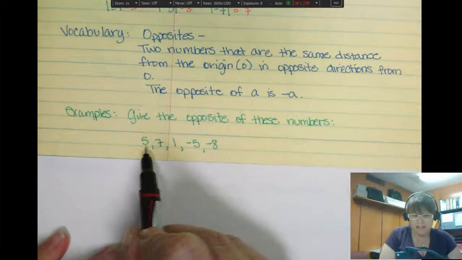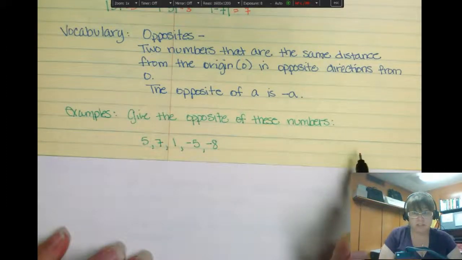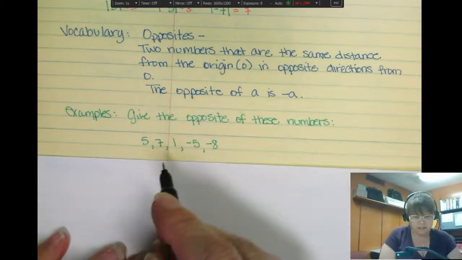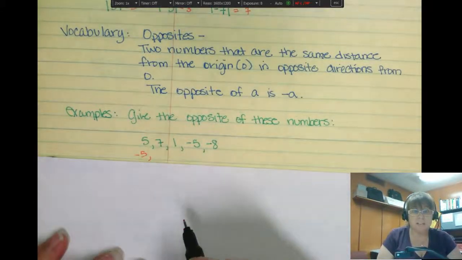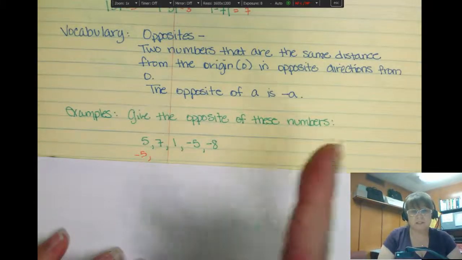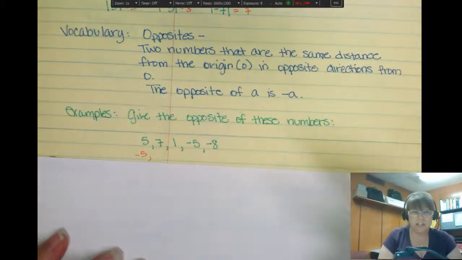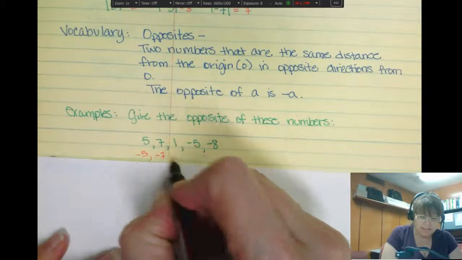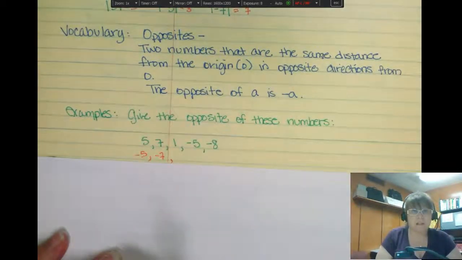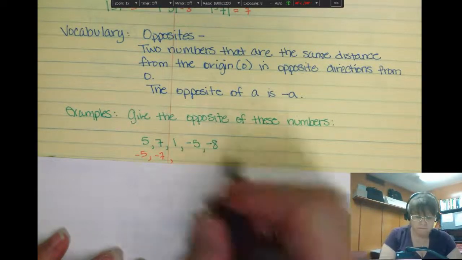So 5 is in the right-hand direction. So what's in the left-hand direction? Negative 5. What's the opposite of 7? Well, if 7 is to the right, we need to go to the left the same distance. So that's negative 7.